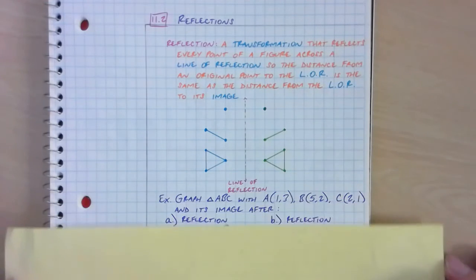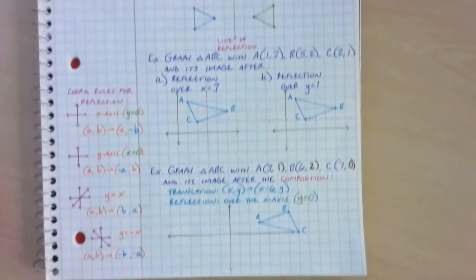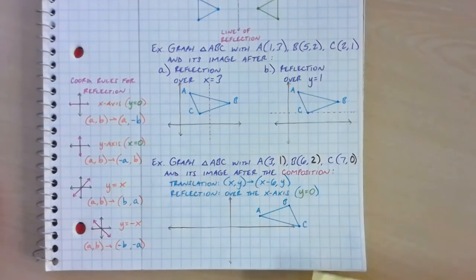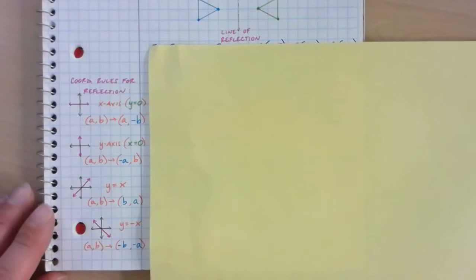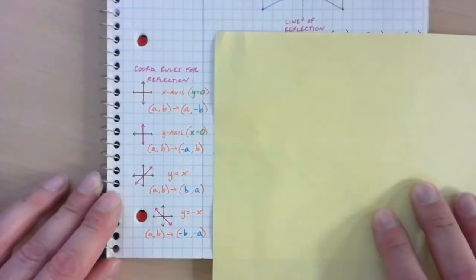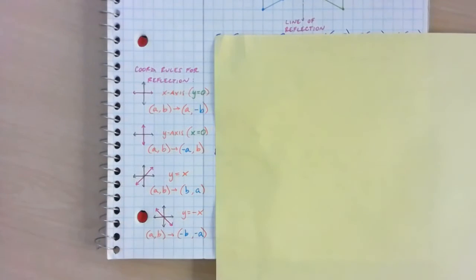Anyway, let's move on into the lower half of the notes here. Before I jump into these examples, I wanted to talk about what's here in the margin. In the margin, we have some coordinate rules for reflection. These are very valuable shortcuts, a little cheat sheet for us to work with when it comes to reflection.